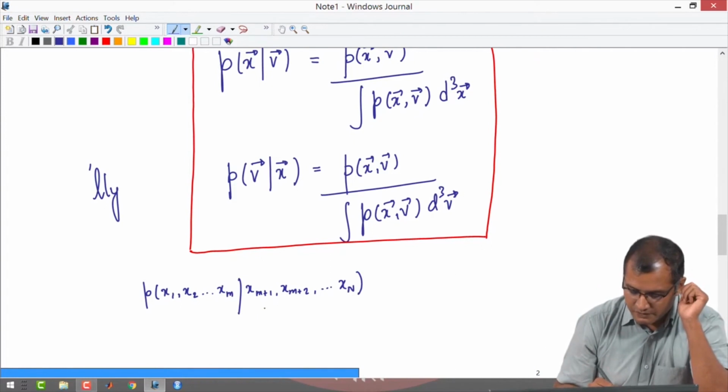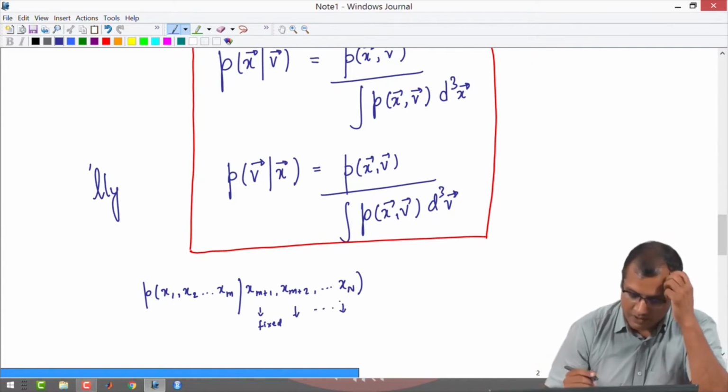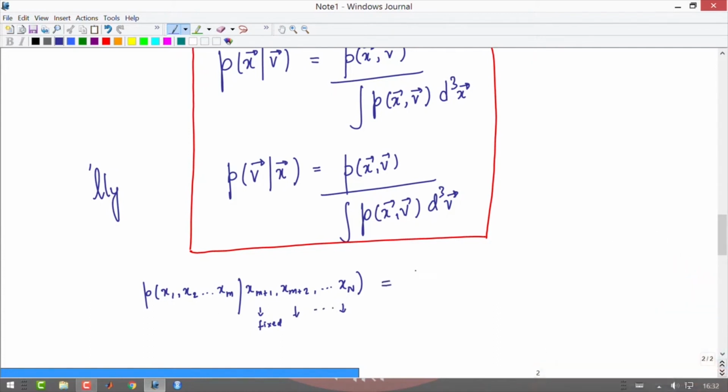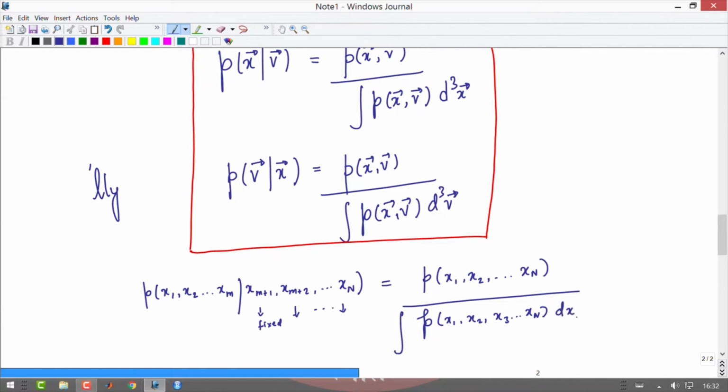These are like fixed values. This is given by a simple Bayes theorem, which says that you have the total or the joint probability density divided by simply an integration of this joint probability density over the variables. This is the so-called Bayes theorem.